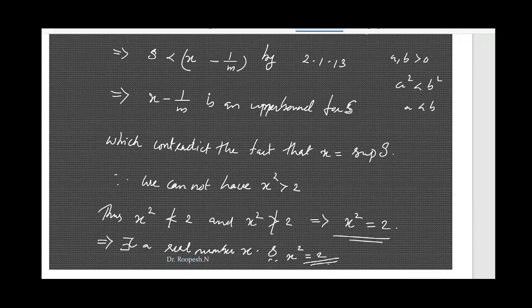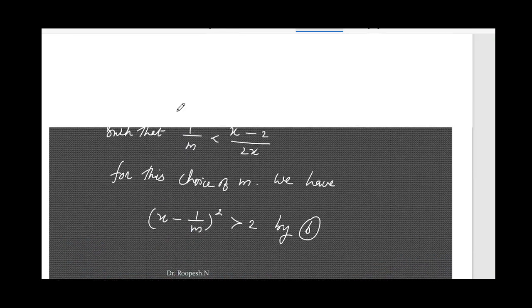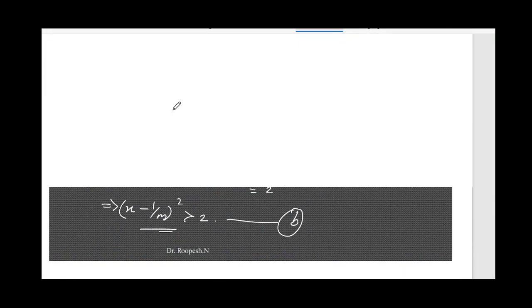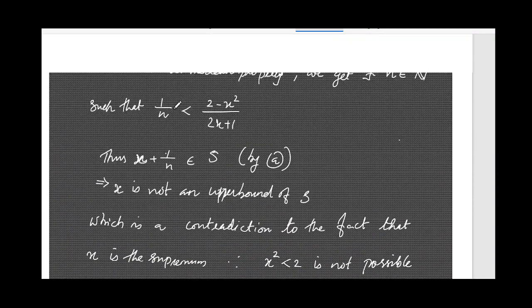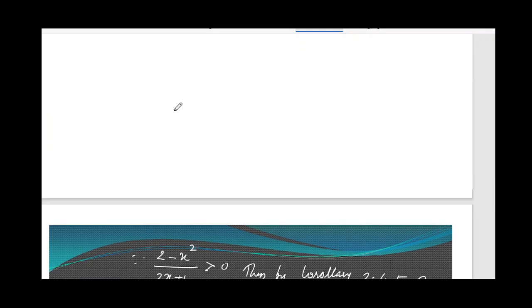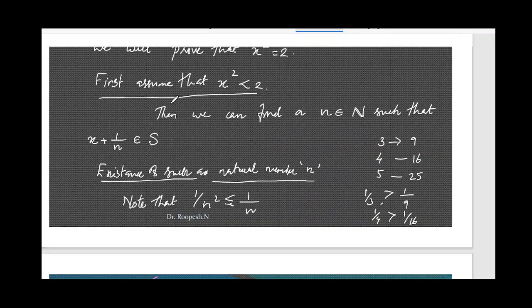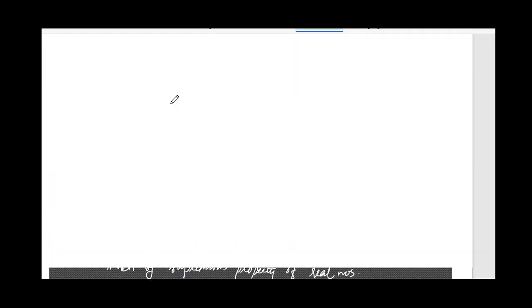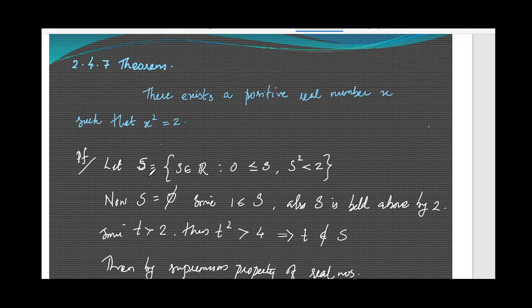So what are the steps we have adopted? First we have taken a set S whose members have square less than 2. And we will say that this set is non-empty.